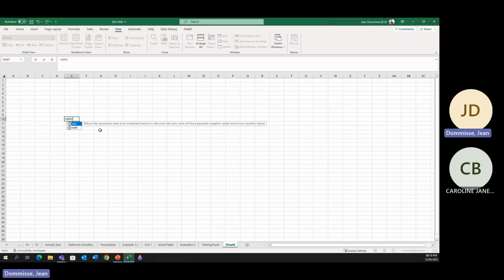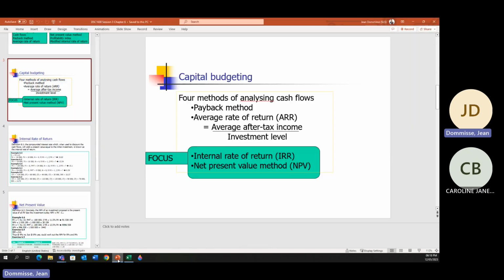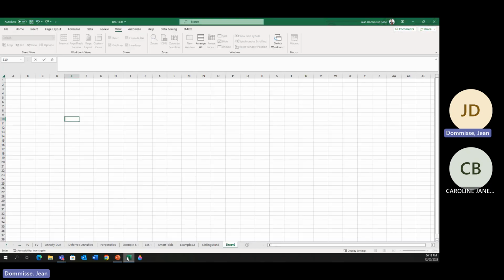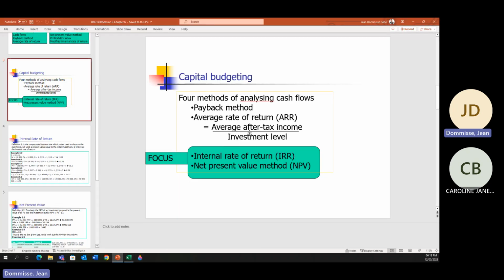Your net present value should also be there. So at least those are part of the set of internal formulas built into Excel. I don't think the average rate was. Yes, the average rate wasn't. So that is one that one will need to work out by using the information available.